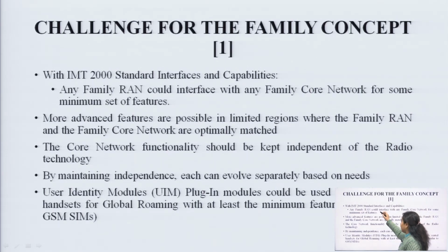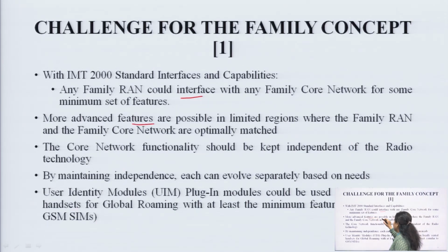Any family radio access network could interface with any family core network for some minimum set of features, which means that different types of networks will combine together to support IMT-2000, since it has to provide networking globally with international roaming. So, different networks have to be connected together to provide the connectivity.